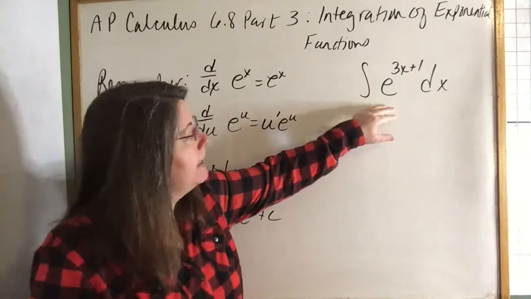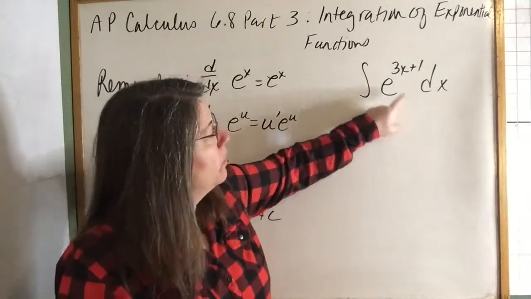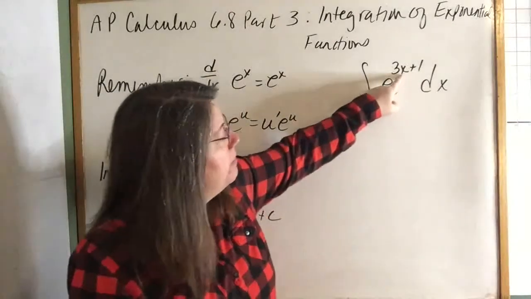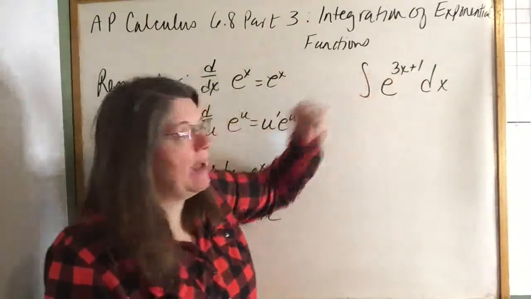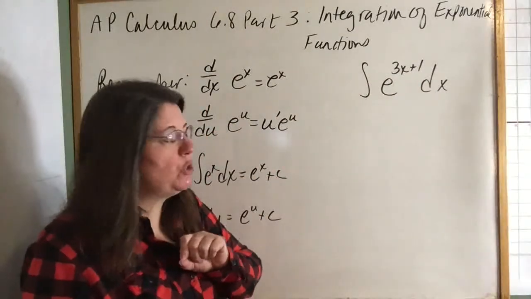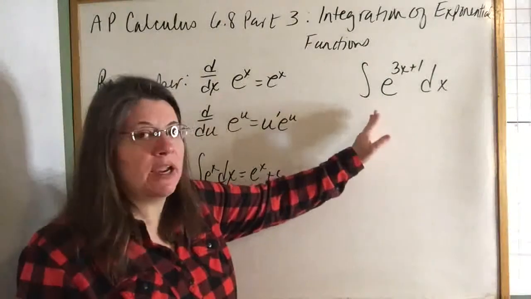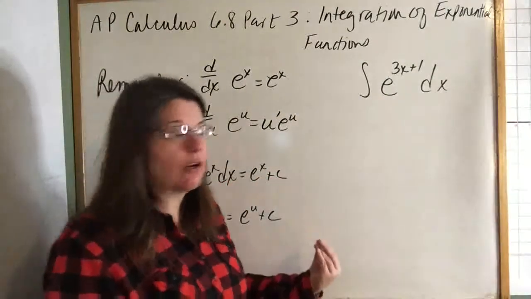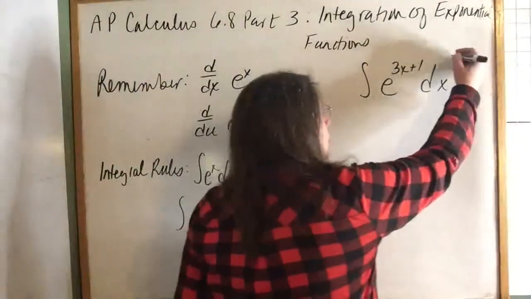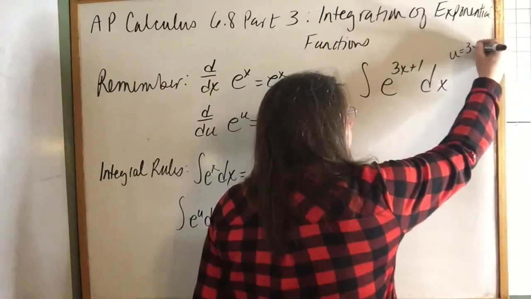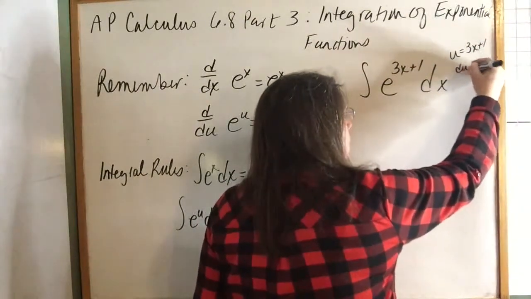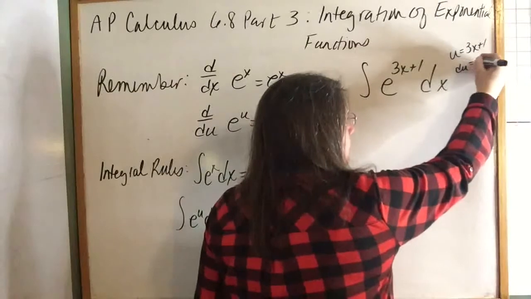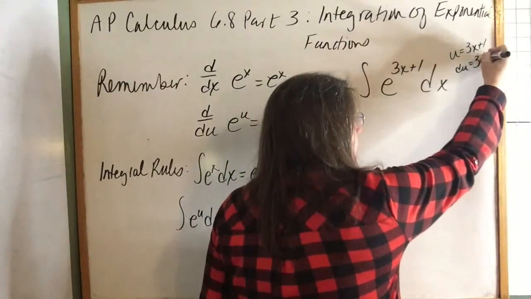It's not too bad, but we have to account for this being our u part, and we have to use u-substitution to think about what else needs to be there so that we can take the integral. So I'm going to let u equal 3x plus 1. So du would be the derivative of this, 3 times dx.